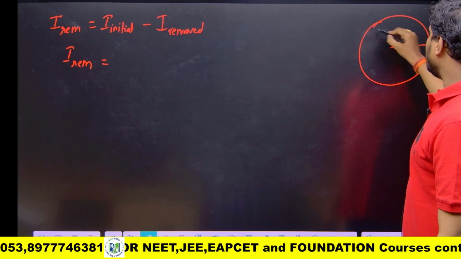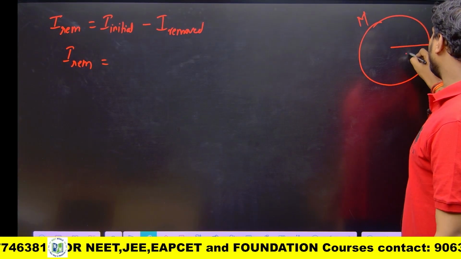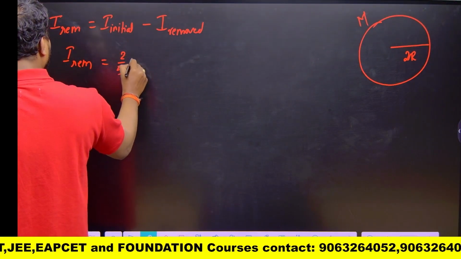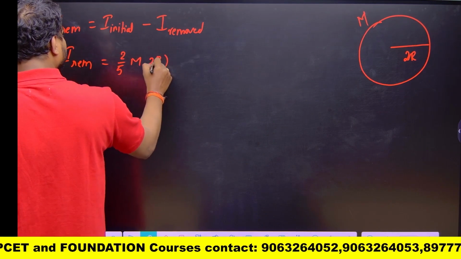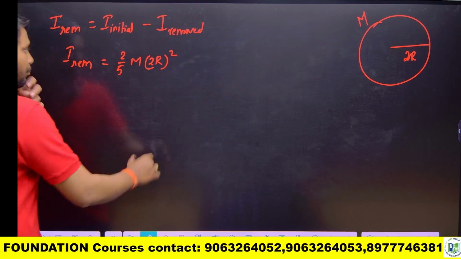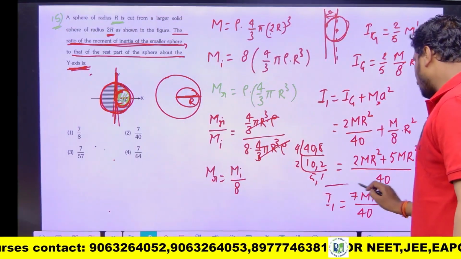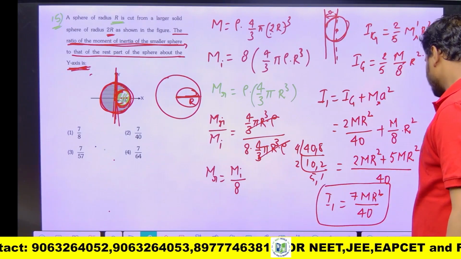Then the moment of inertia of the remaining part is equal to the initial moment of inertia, when the mass is not removed. The initial mass of the sphere is m and the initial radius is 2r, so the initial moment of inertia is 2 by 5 m into (2r) square, which is 8 mr square by 5. Minus the removed moment of inertia, which is 7 by 40 mr square.